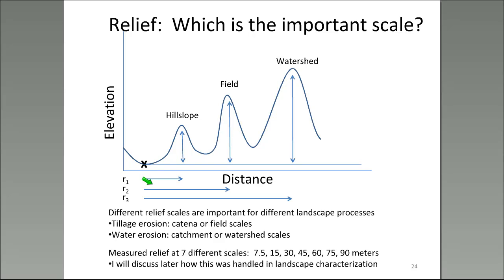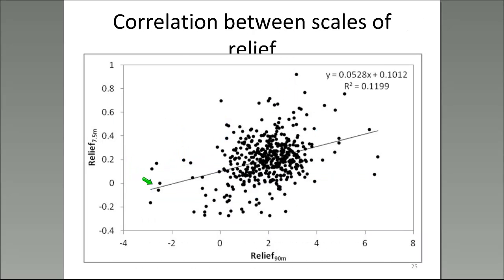To address this, we actually measured the relief at 7 different scales, and later on I'll discuss how we handled that in our landscape characterization. This just shows you that there's a very poor correlation between small scale and large scale relief measurements.